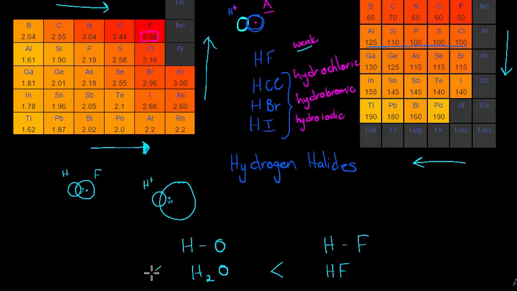Okay, between water and ammonia, which one would be stronger? Well, nitrogen has a smaller electronegativity than oxygen. Okay, between hydrogen and carbon, that's methane, if you refer back to your organic chemistry.